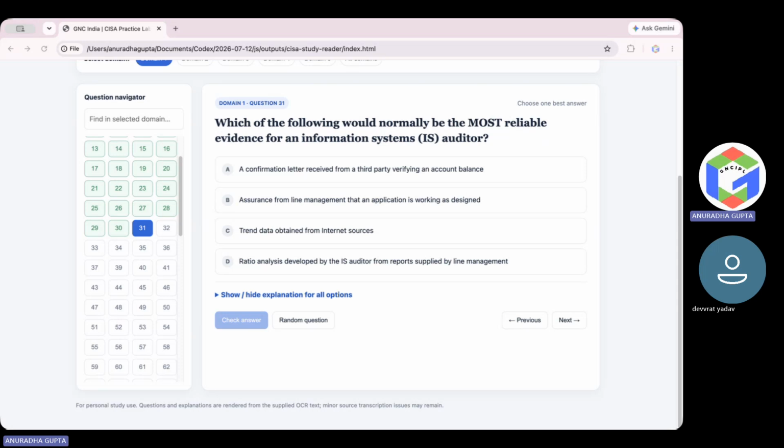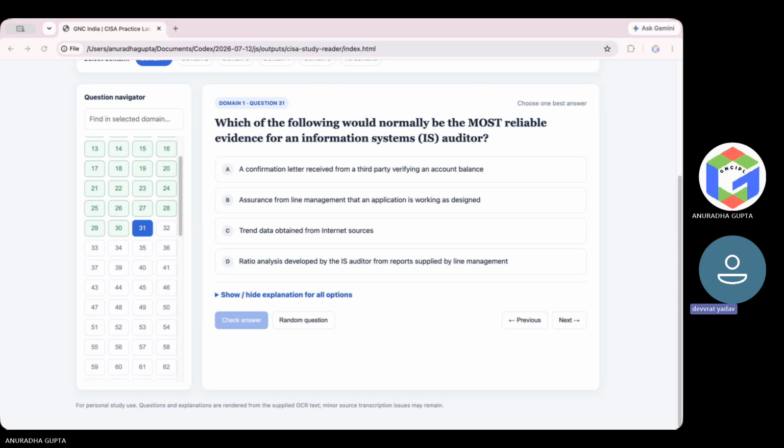Here the question is asking the most reliable evidence for an IS auditor. For an auditor, which kind of evidence would be most reliable? Just think on that. The confirmation letter received from the third party, verifying an account balance. I think A then. And what is the rationale behind supporting A?